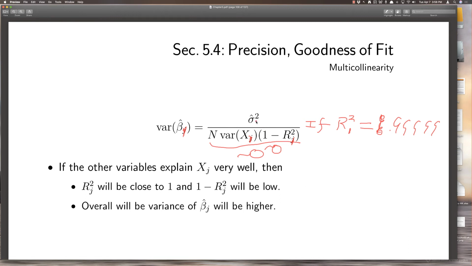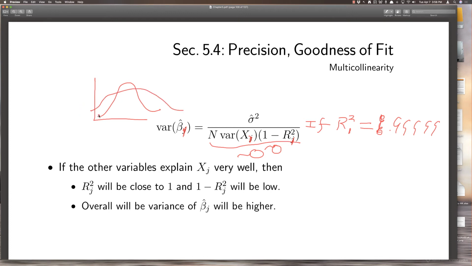And you can think about it this way. Think about going from 1 over 1 to 1 over 1 half, 1 over 1/3, 1 over 1/4, 1 over 1/millionth. The overall value of the fraction is getting enormous. So, bottom line, the more correlation there is between your x variables, the wider the hypothetical distribution of beta 1 becomes.